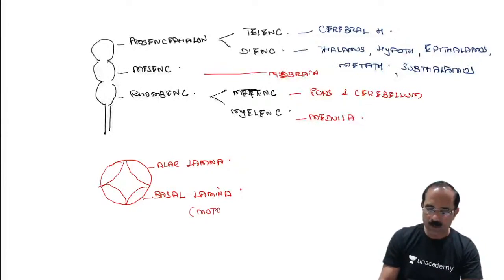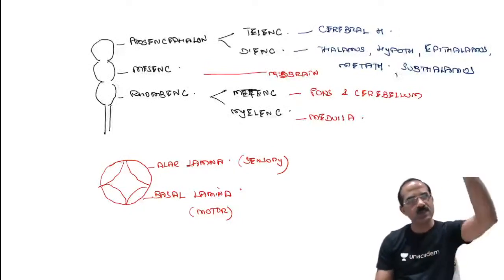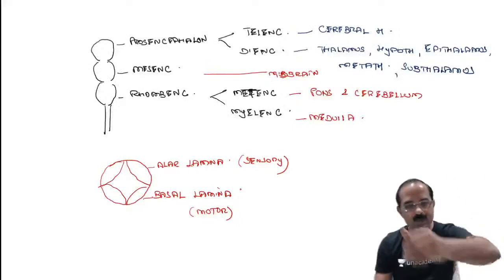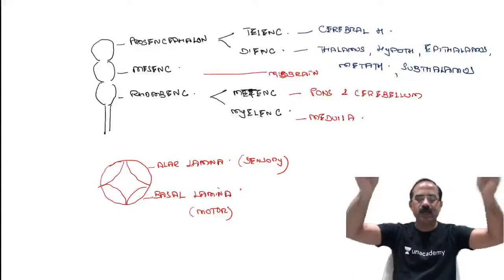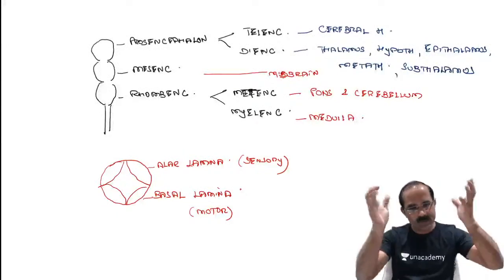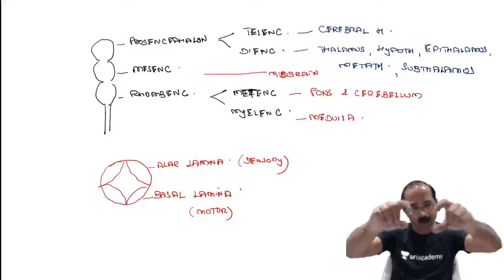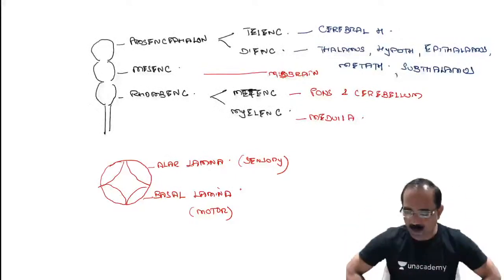Basal lamina is motor and alar lamina is sensory. Throughout the neural tube, the alar lamina is on the dorsal aspect and the basal lamina is on the ventral aspect. So remember, students, all the sensory part is derived from alar lamina, and all the motor part is derived from basal lamina.